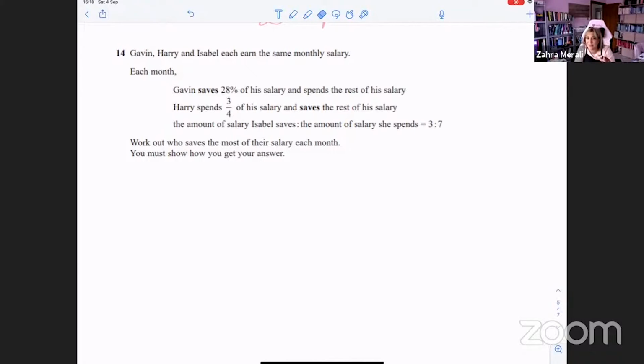Now they earn the same, so you can just make up a number. Now, because we put things in percentages, the easiest amount I'm going to choose is I'm going to say they earn £100. It doesn't matter that they probably don't, because that's not a lot of money, but we can then work out how much, if it was 100, each person saves.